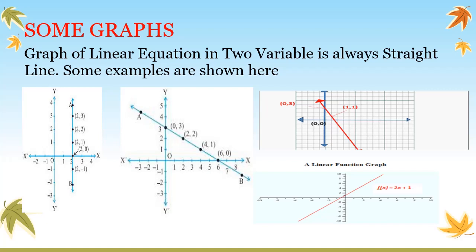It has only one solution and the graph of a linear equation is always a straight line. Some graphs are shown in this slide. Closely observe all the graphs. All graphs are in the form of a straight line, it is clear that all graphs represent linear equations in two variables.